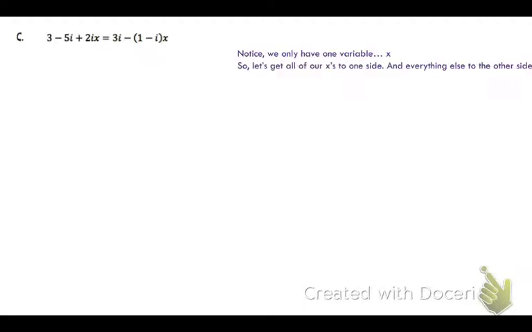Now let's look at c. In c, I only have one variable. So this one gets a little bit more complicated, okay? So I only have x's. So we have to get all our x's to one side and we're going to move everything else to the other side. So I'm going to add my 1 minus i x to both sides. So I end up with 3 minus 5i, because that just stayed, plus 2ix plus 1 minus i times x equals 3i.